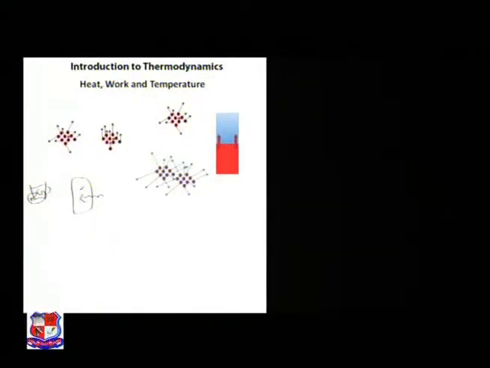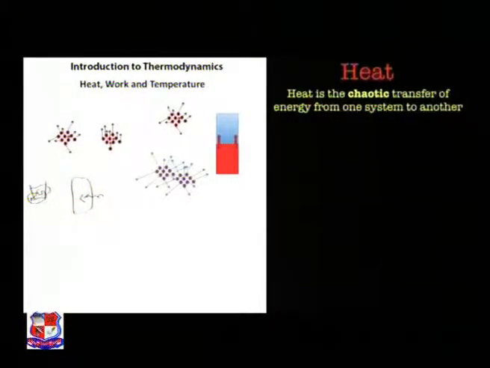And rather than my hand just moving away in a certain direction, it'll stay still, but my hand will get warmer. And the reason it gets warmer is because all the molecules have more thermal motion. They will move more, they will vibrate more, and that generates its own heat, if you will. So heat is the transfer of energy from one system to another in a chaotic manner.